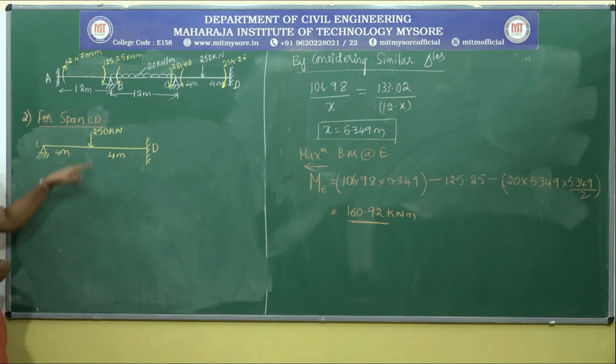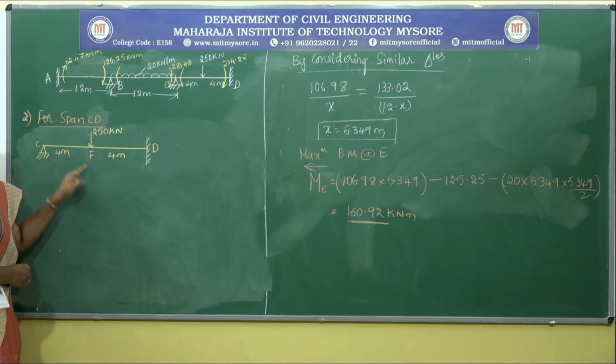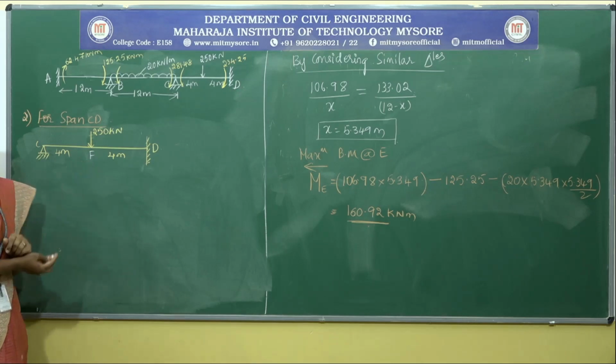We obviously know that shear force is 0 at this point F where the point load is acting. So we can directly calculate the maximum bending moment at this point F.